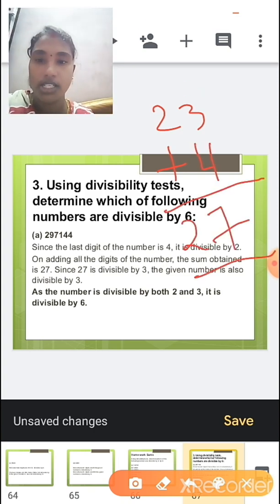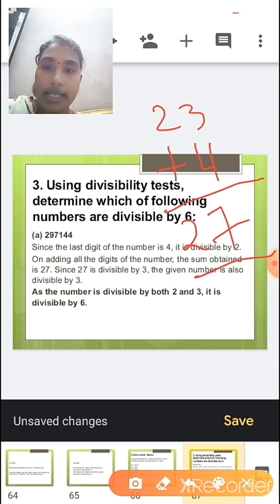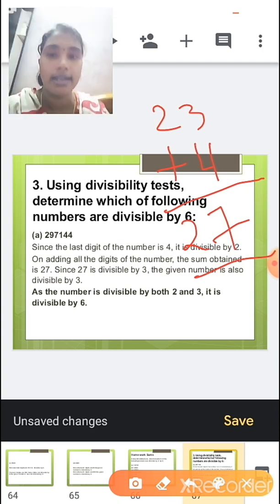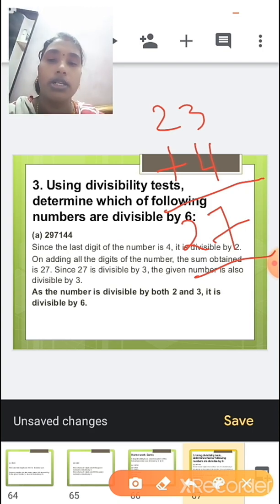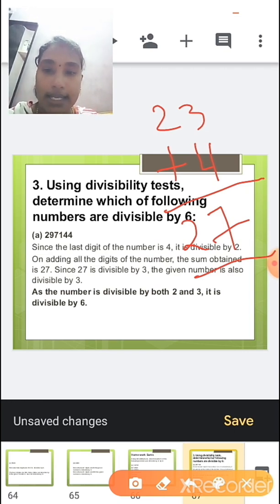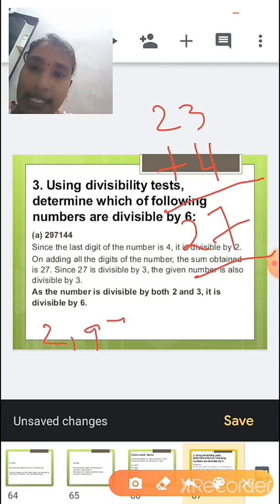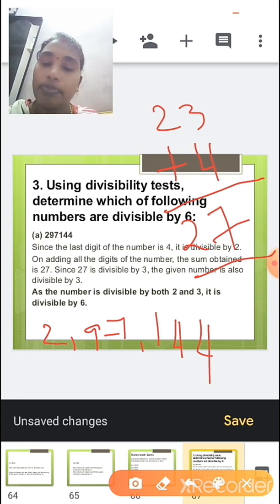So is 27 divisible by 3? Yes, 9 3s are 27. So if the number is divisible by both 2 and 3, then we say that number is divisible by 6. So is the number divisible by 6? Yes, the number 2,97,144 is divisible by 6.